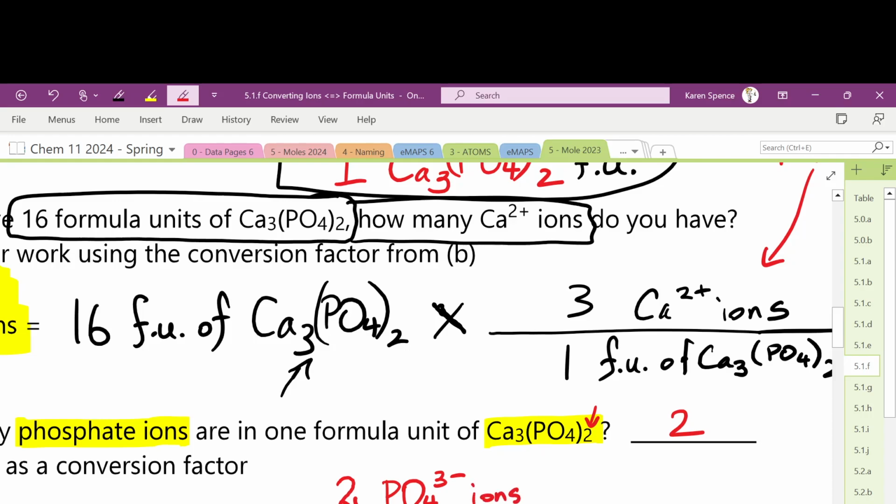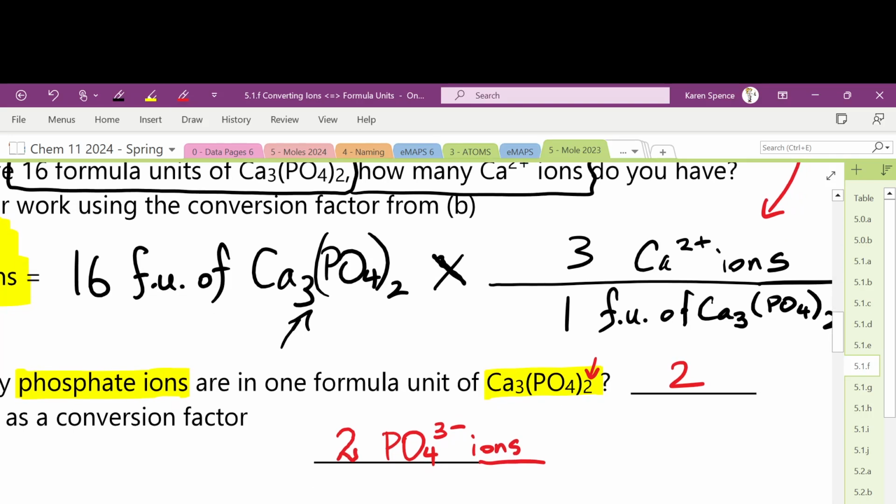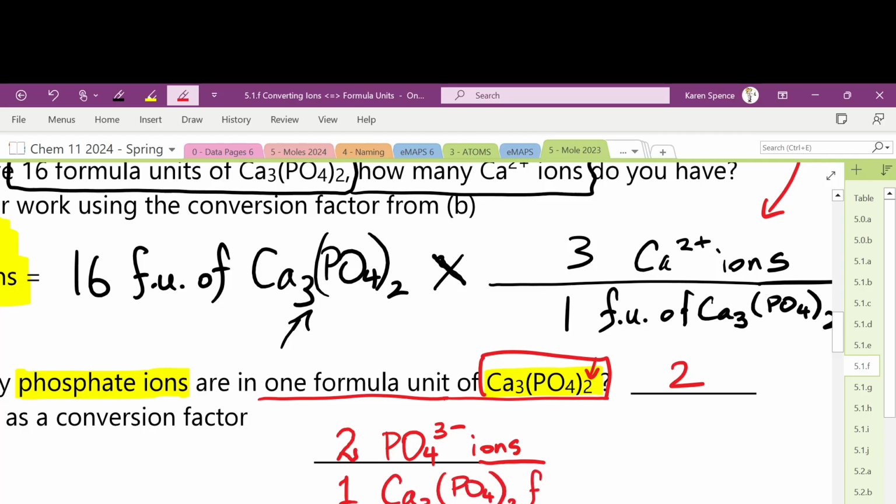Ions, but it's up to you. If you don't want to write it, it's okay. And what do we write on the bottom? 1 what? Ca3(PO4)2, and if you want to, you can write formula units.